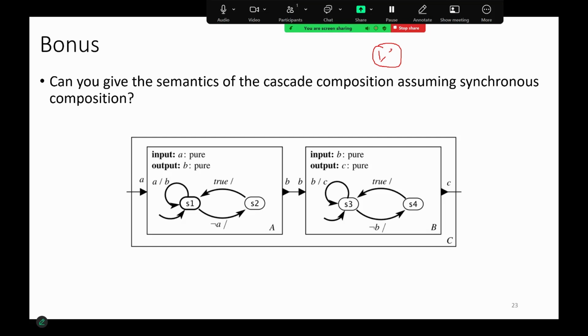So 1, 3, self loop, okay. AB or AC? Okay.